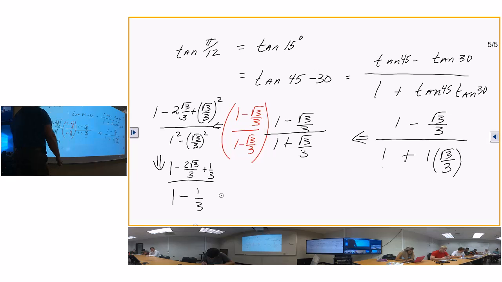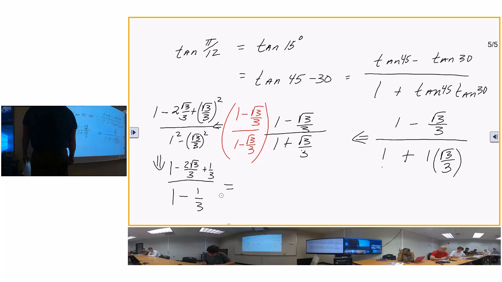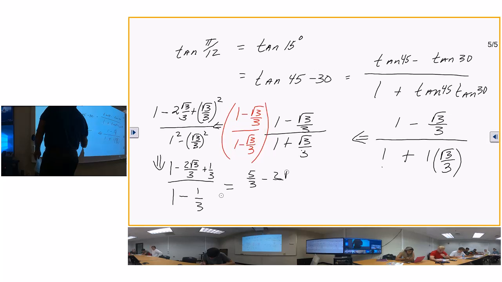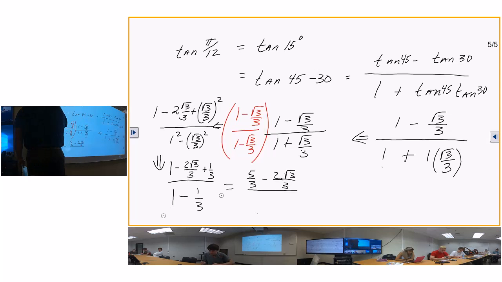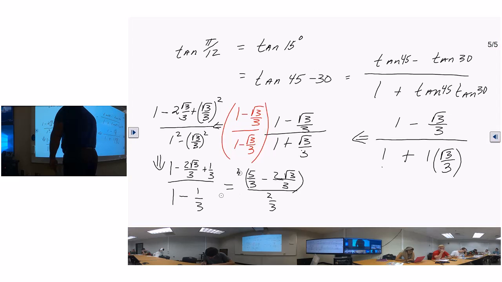And now it's just basic math. 1 plus 1/3 is going to be 5/3 minus 2 square root of 3 over 3, over 4/3. 3 over 3 minus 1 over 3 is 2/3. And when you divide by a fraction, you multiply by the what? Reciprocal.